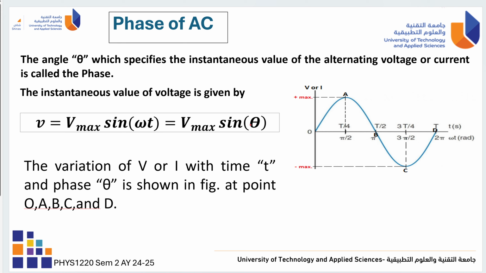Now, here this is the phase of the AC, or sometimes we say the phase angle of the AC. Sometimes we can write the sine wave in the form of the angle, and this is always fixed. What is the angle of one cycle, or one wave?